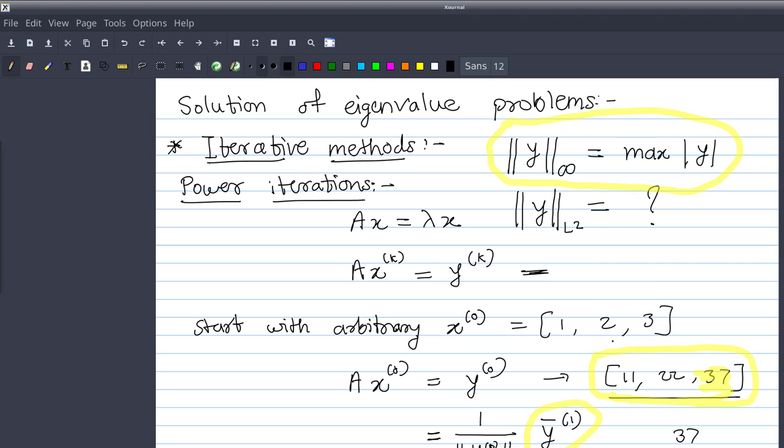Sir, as soon as the infinity norm reaches close to 1 or something like that. What is it? Infinity norm is coming close to 1. No, yeah, I forgot that thing. This entire thing will give us the eigenvalue.